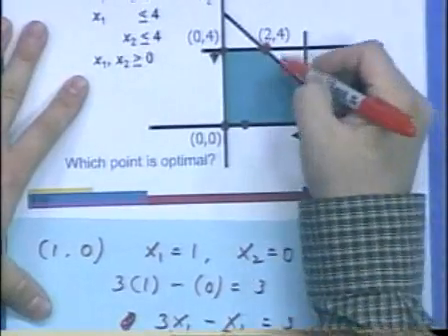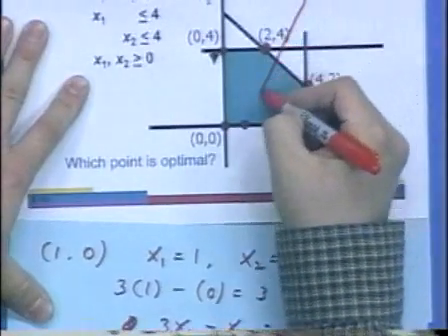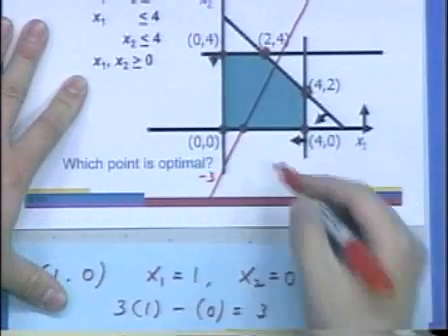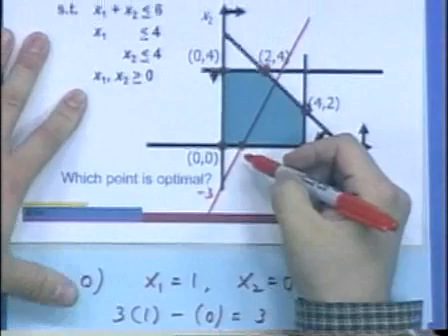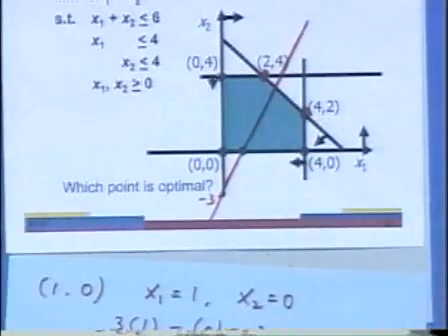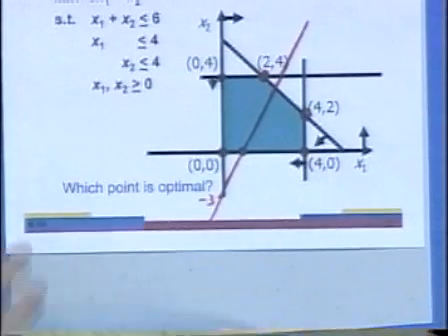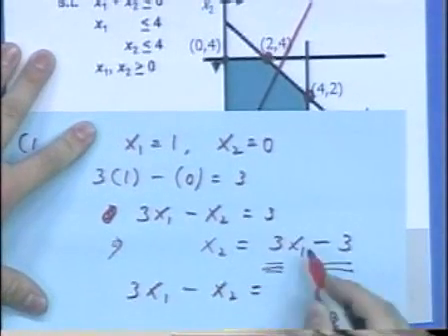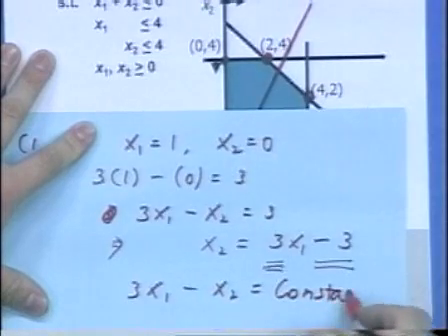So it's going to be something like this. Okay? Let's say this is negative 3 and the slope is 3, right? So this is the iso value line that I've chosen. And you remember, all the iso value lines have the same slope because they have the form 3x1 minus x2 equals some constant, right?